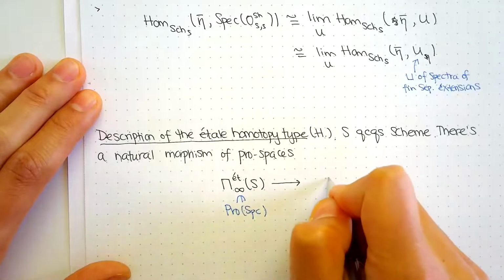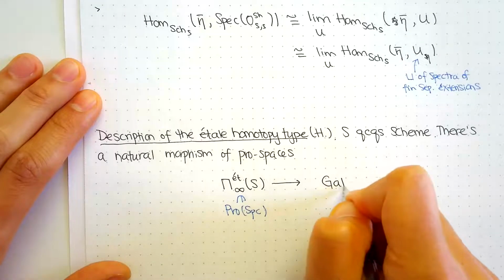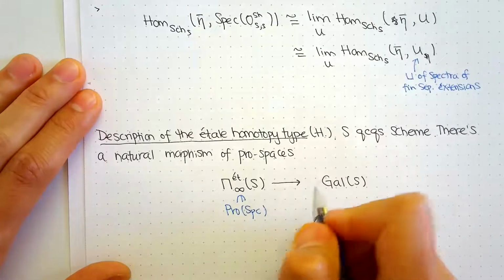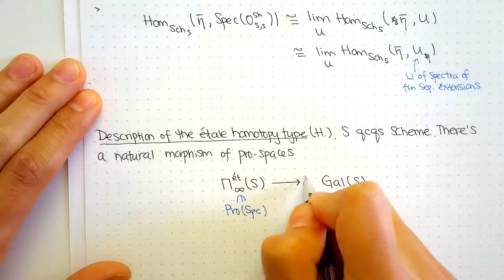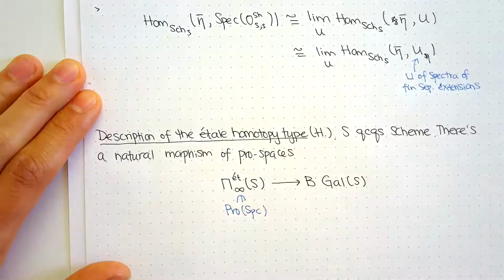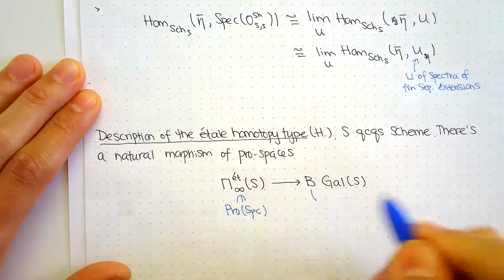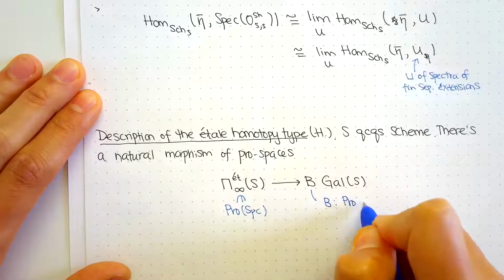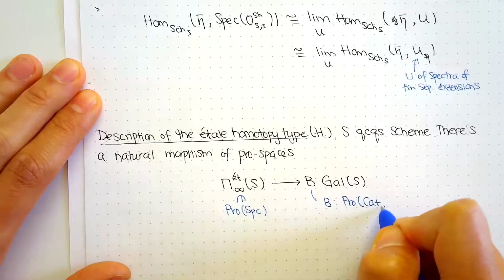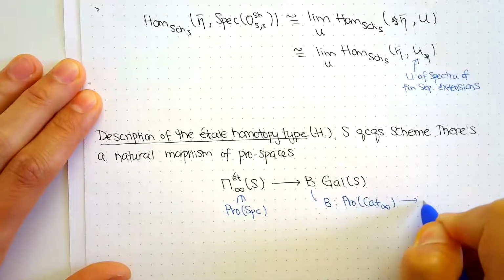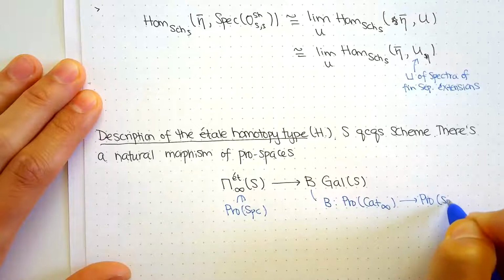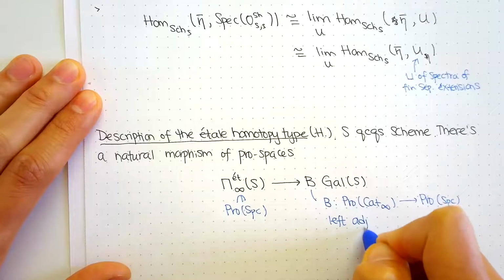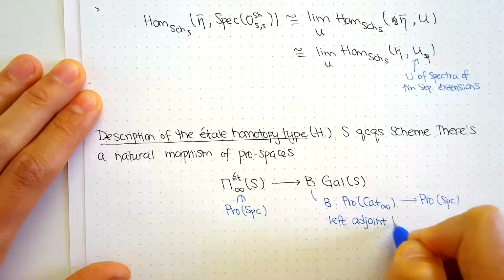And then we have this pro category that I described above, Gal S. If you invert all morphisms in the pro sense, this B goes from pro objects in infinity categories to pro objects in spaces. This is the left adjoint to inclusion.